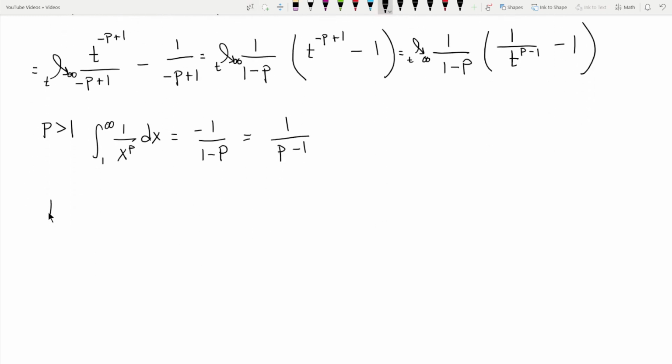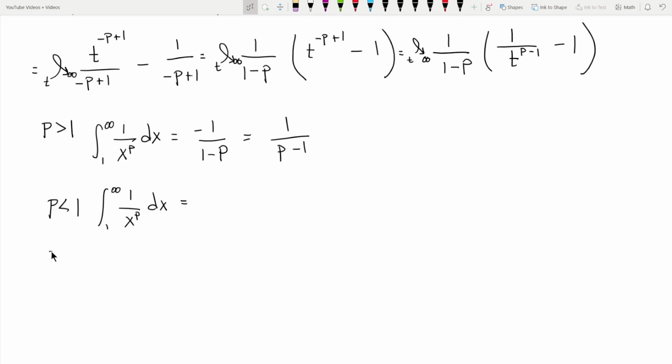If p is less than 1, all right, let's think about that for a second. If p is less than 1, then this whole exponent here is going to be negative. All right, and if that whole exponent is going to be negative, then what we're looking at is t to the negative quantity p minus 1.